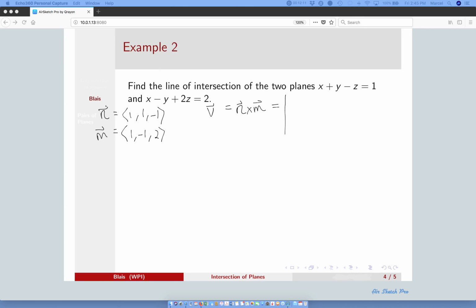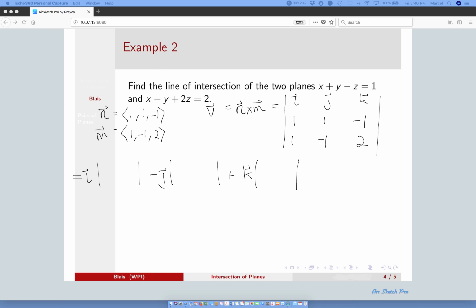Okay, we set up our 3x3 determinant for the cross product. We have i, j, k in the top row. Then we have the entries of n, 1, 1, minus 1, and then m, 1, minus 1, 2. We work through this: i times its 2 by 2, minus j times its 2 by 2, plus k times its 2 by 2. Remember how we do this.